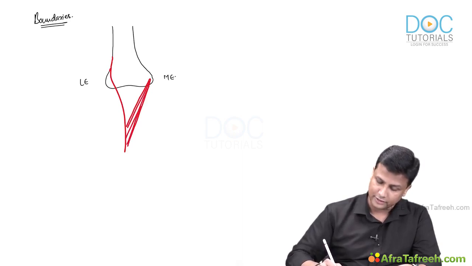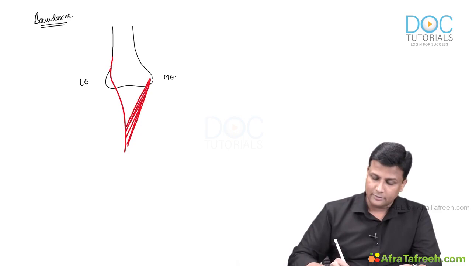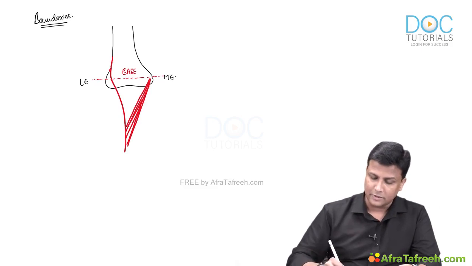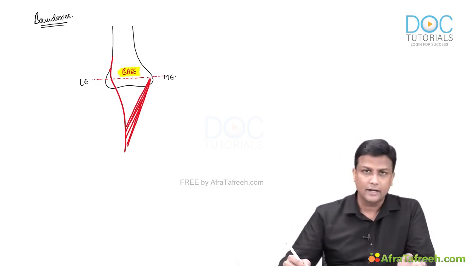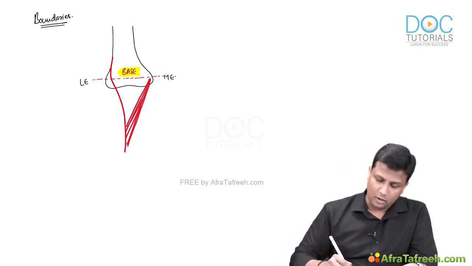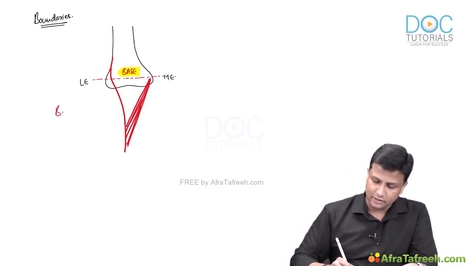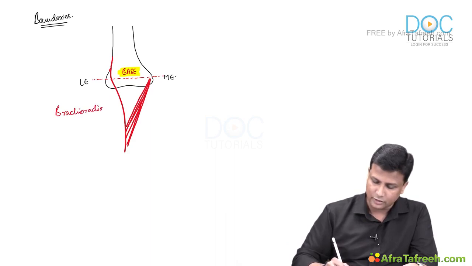So no issues regarding that one. Now join the lateral epicondyle with the medial epicondyle with an imaginary line, and that is going to form the base. So I repeat again, base is formed by just an imaginary line joining the lateral epicondyle with the medial epicondyle. On the lateral side there will be a muscle, and this muscle is brachioradialis muscle.